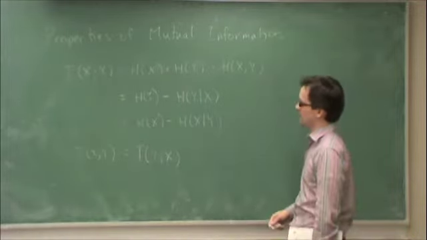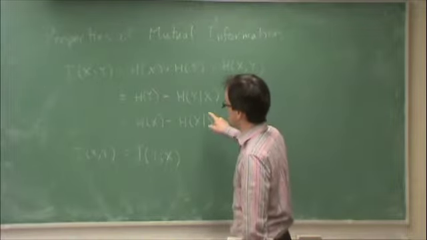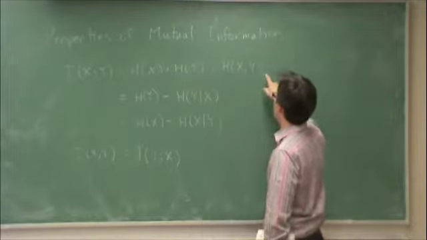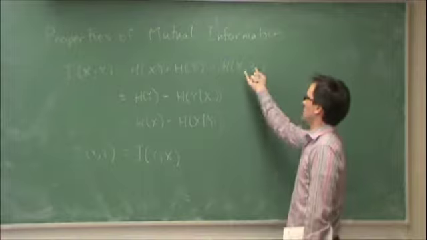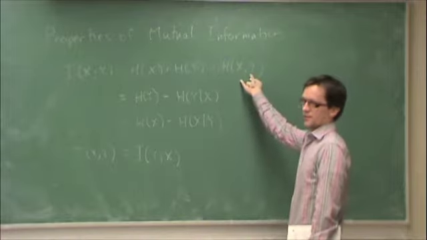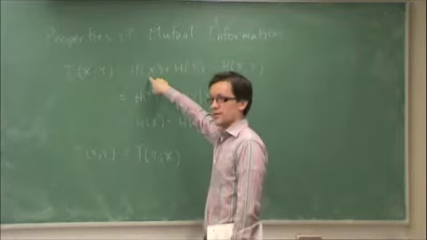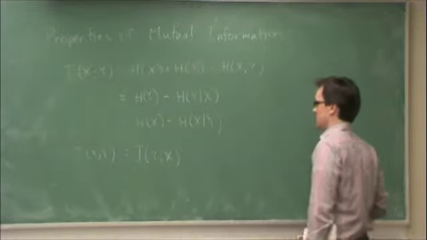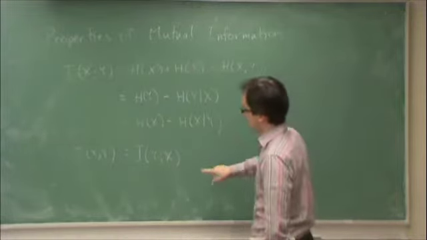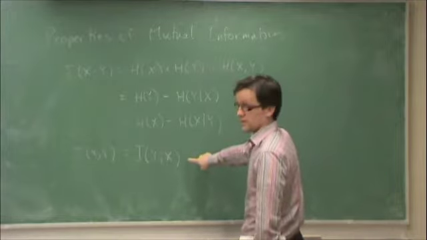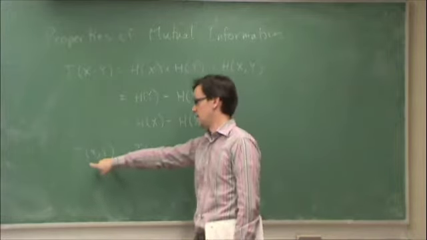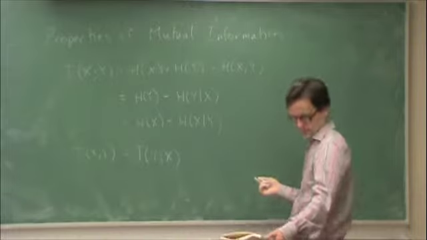And the proof is here, because H of x and y, if I flip them around, makes no difference. And if I substitute y for x and x for y here, it makes no difference. So there's no difference in how you calculate I of x,y and I of y,x.